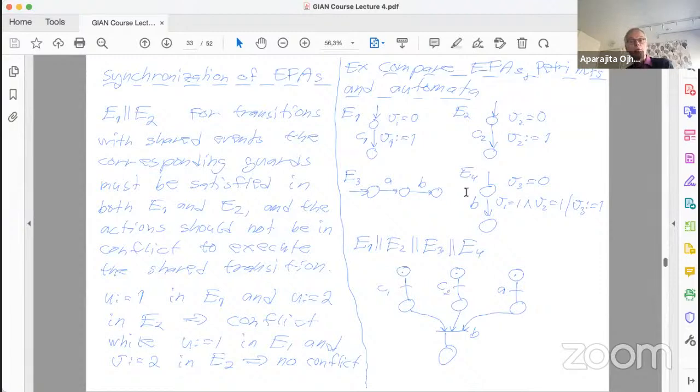So then I will tell you a bit more about how we can make these optimizations, including some abstractions and so on. Can these networks and automata be generalized to incorporate more events? Yeah, of course.